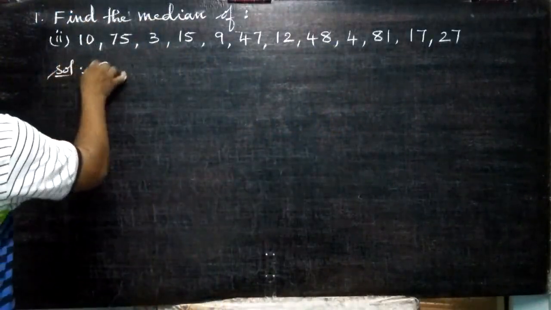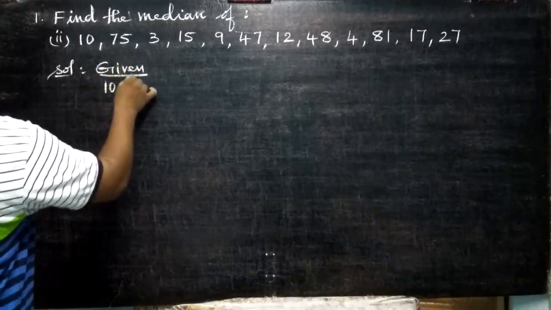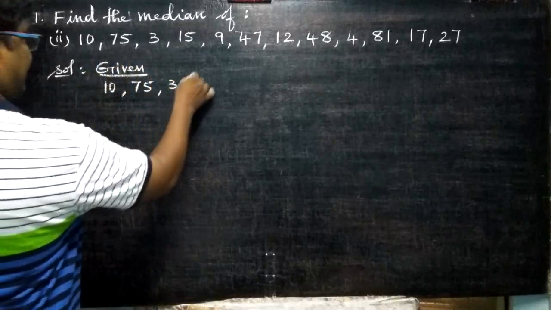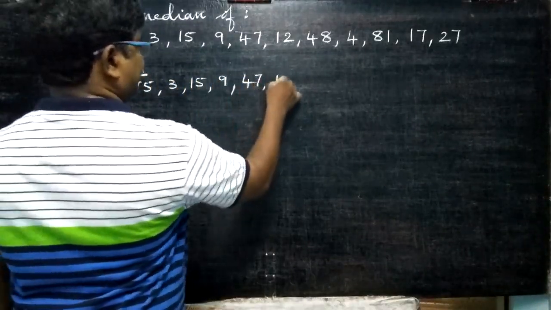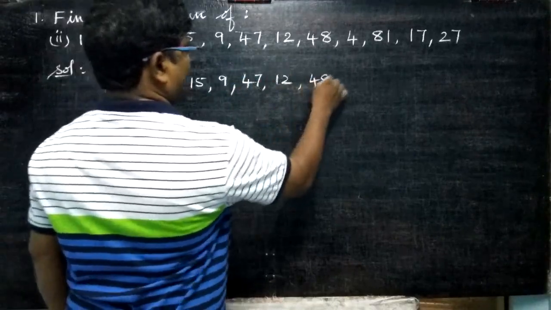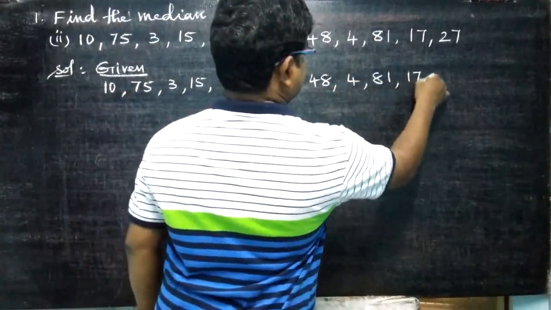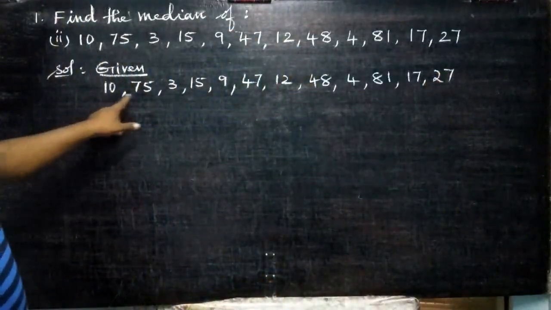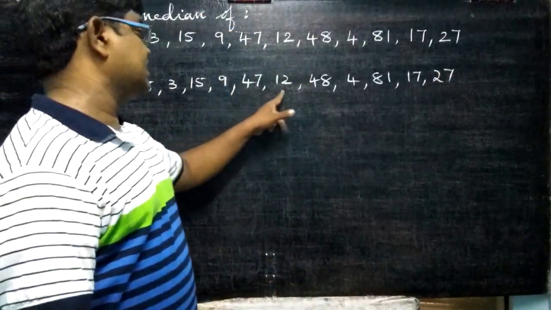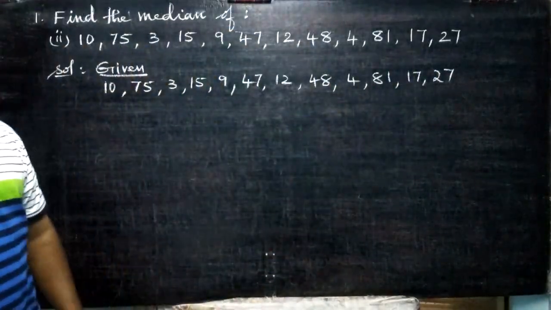So, solution: what is given? 10, 75, 3, 15, 9, 47, 12, 48, 4, 81, 17 and 27. 1, 2, 3, 4, 5, 6, 7, 8, 9, 10, 11, 12 observations they have given.